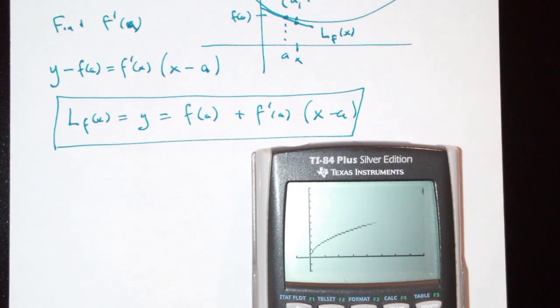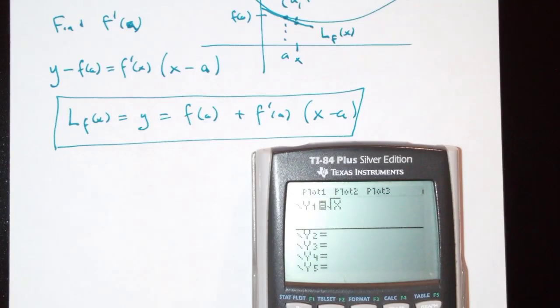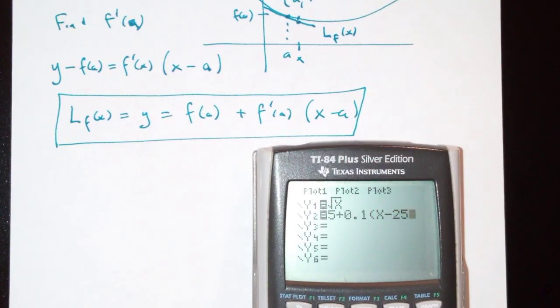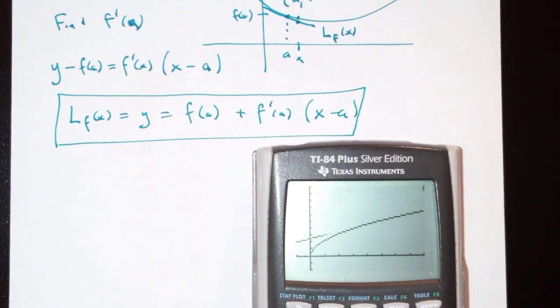So here's the graph of the square root of x, and there's my point at 25, 5. If I graph the line we came up with, 5 plus 0.1 times x minus 25, there's my tangent line.